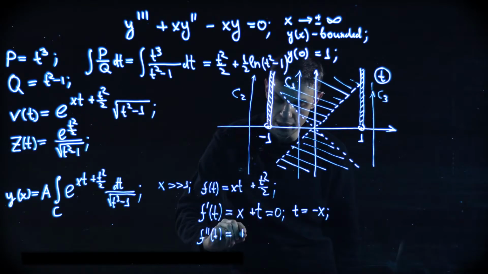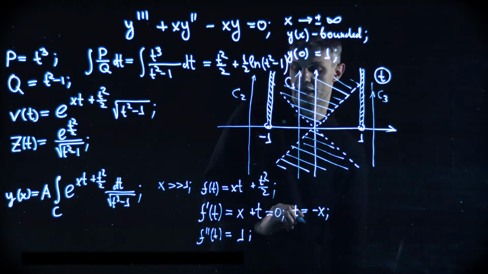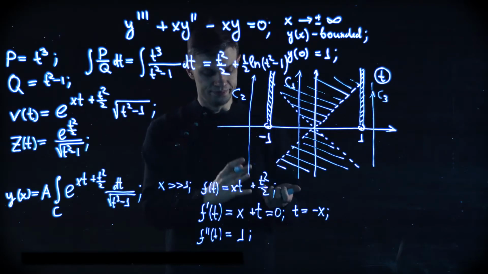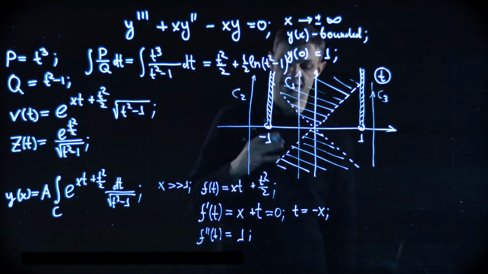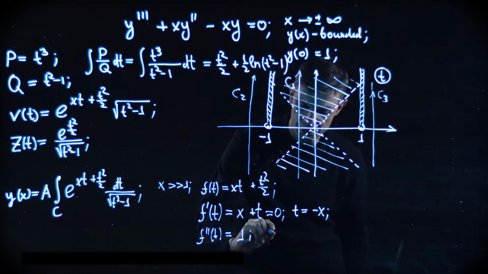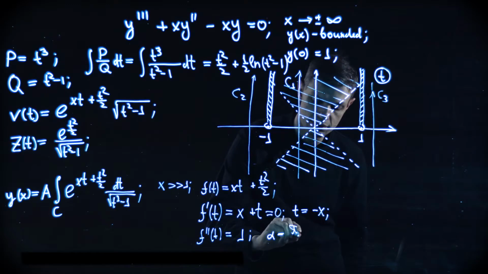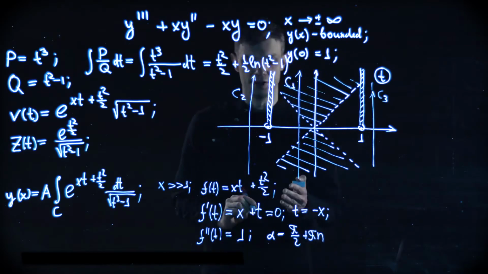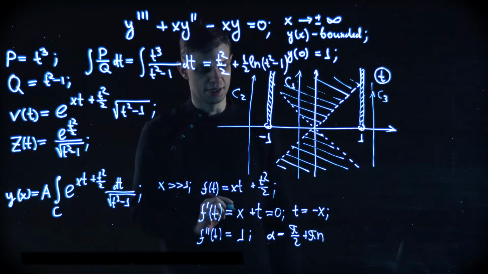Sorry, it's simply 1. Right. And you can write down by yourself the equation for the steepest descent direction. And what you're going to get is just a very simple thing. It's alpha is equal to pi by 2 plus pi n. Right, so this is the steepest descent direction.